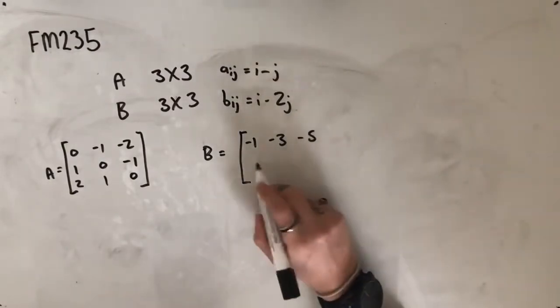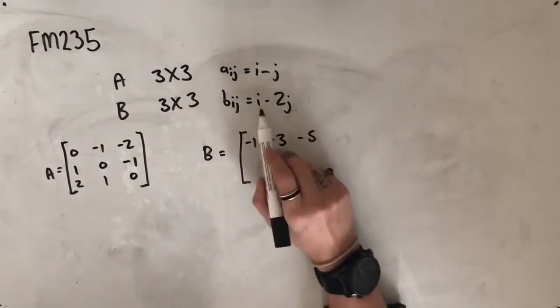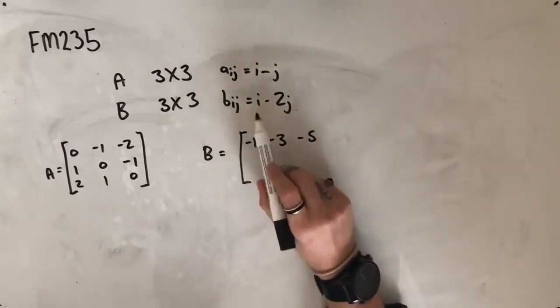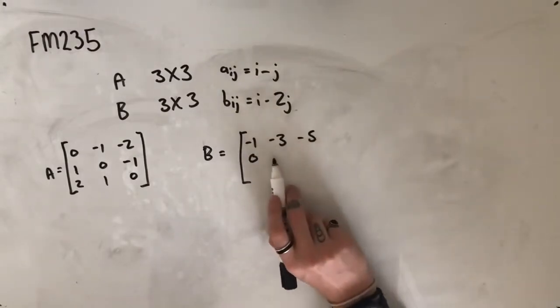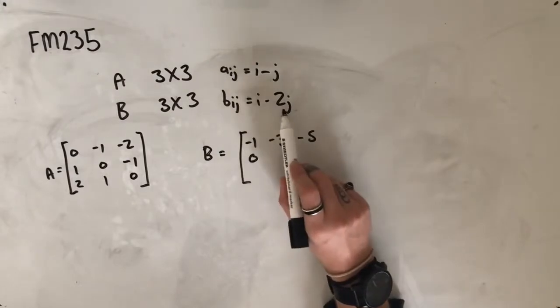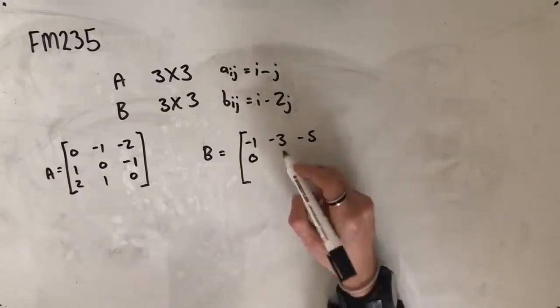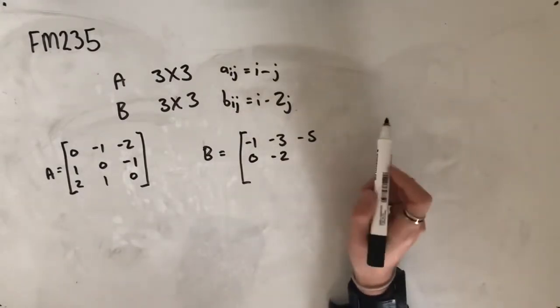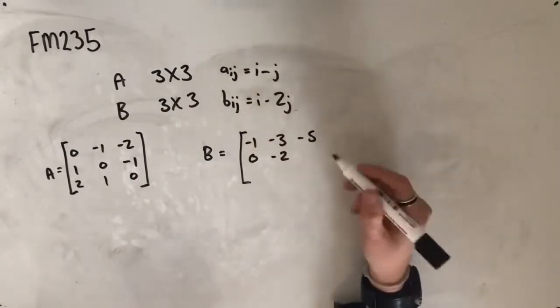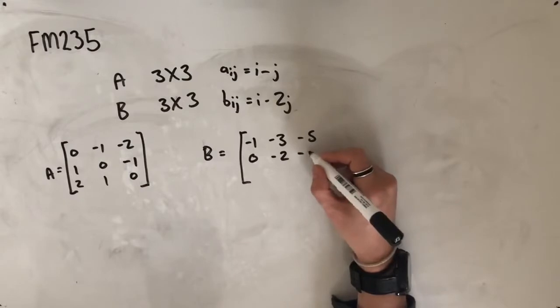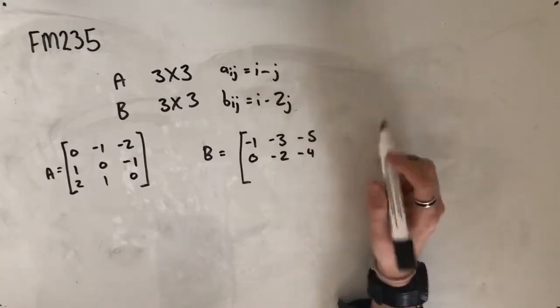Into the next row, row 2, column 1, we've got 2 minus 2 times 1, so 2 minus 2. Row 2, column 2, 2 minus 2 times 2, so 2 minus 4. And in column 3, 2 minus 2 times 3, just 2 minus 6.